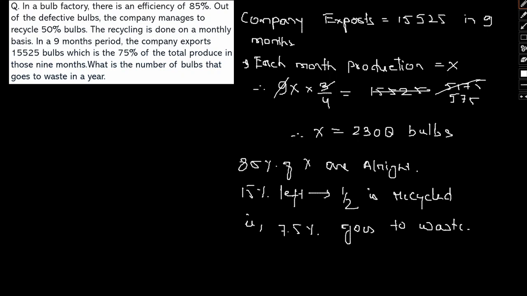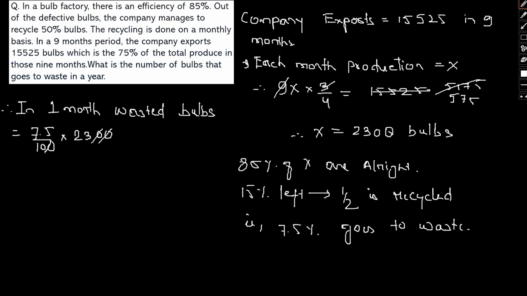Therefore in 1 month, the wasted bulbs will be simply 7.5 by 100 into 2300, gets cancelled out.